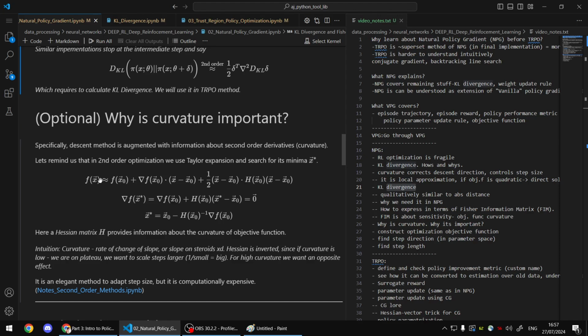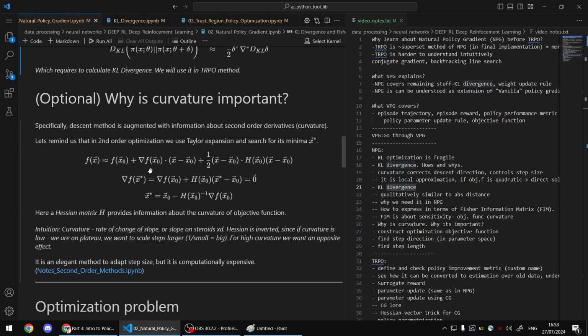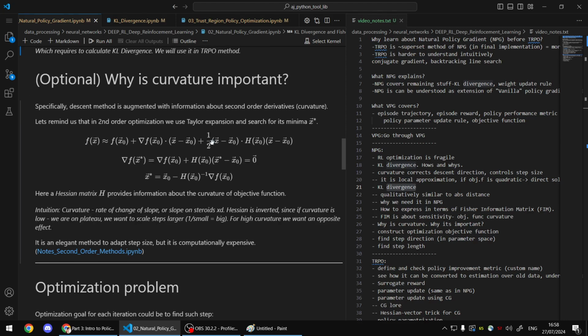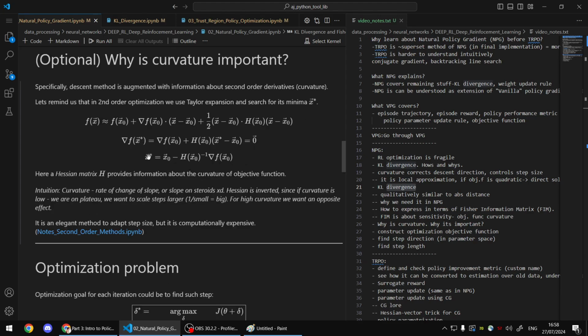This is basically the idea. We expand f of x around some x0 where we start, and x minus x0 is a displacement. Then we search for the special x where the gradient is 0, basically the minimum.